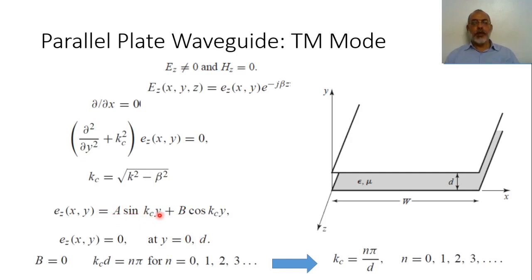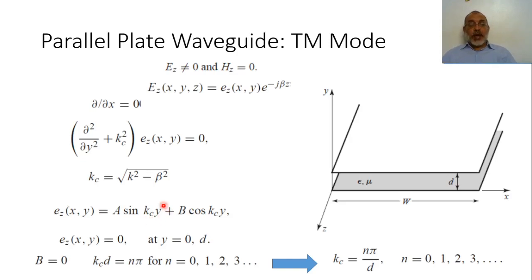Now we have two options. Either we say that a equals 0, and in this case Ez would be 0 everywhere, and this is not an accepted solution. Otherwise, we can say that sine kcd should be 0, and effectively the sine function would be 0 when the argument is 0, or pi, or 2 pi, or 3 pi, or an integer multiple of pi.